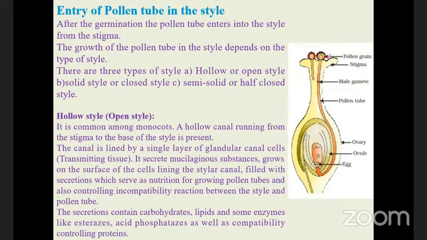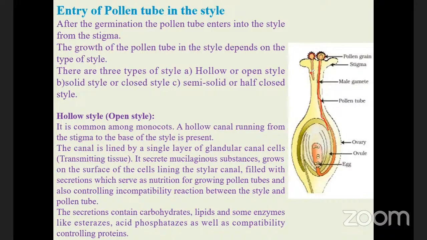Whenever it is recognized, accepted by the stigma, and is compatible, it starts germination, and the germinated pollen tube with the three nuclei grows in the style, the tube-like structure of the gynoecium.